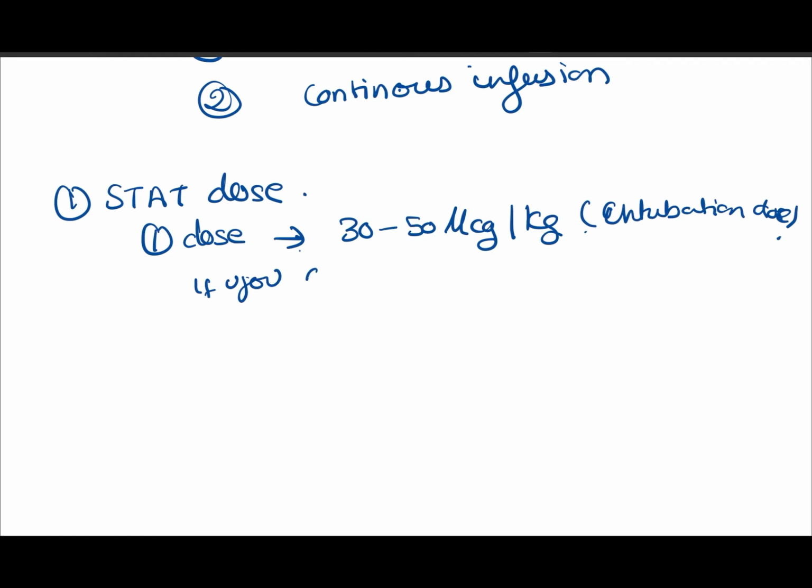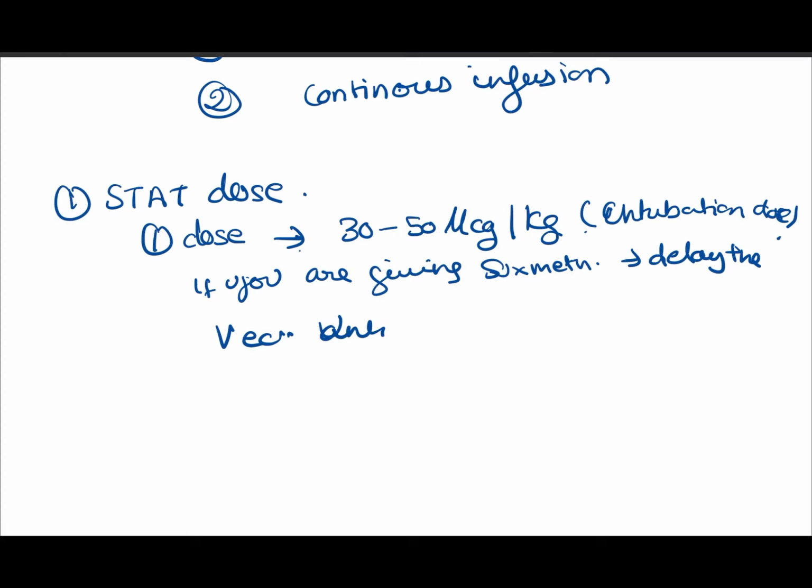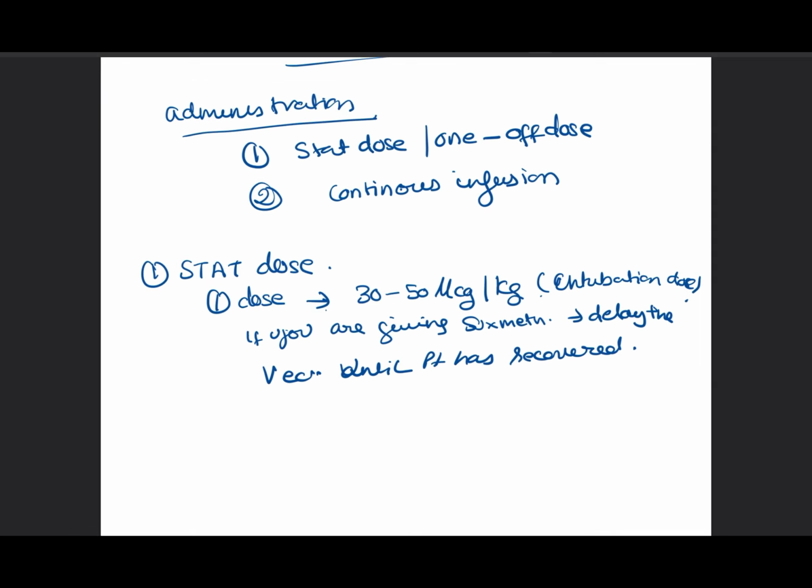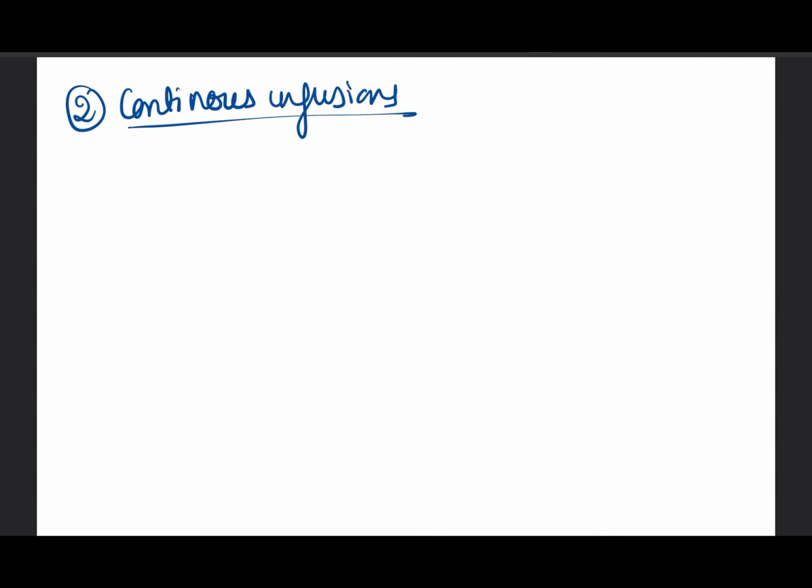For the stat dose, we give 30 to 50 microgram per kg. Try not to give it with succinylcholine. If you have given succinylcholine as a paralytic agent, you want to wait for the effect of succinylcholine to wear off, and only then give Vecuronium. Starting with continuous infusion now, the dosing in neonates is 50 microgram per kg per hour as the starting dose.